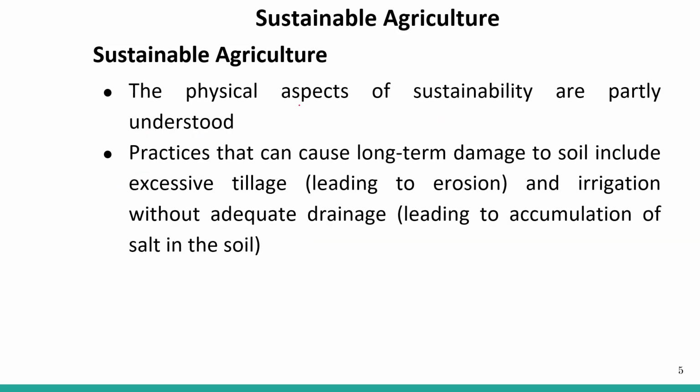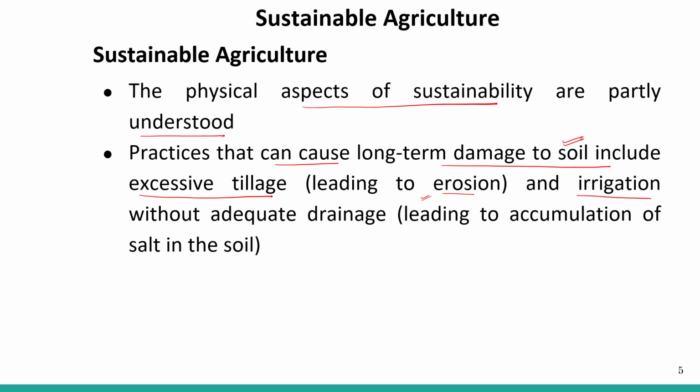The physical aspects of sustainability are partly understood. Practices that can cause long-term damage to soil include excessive tillage leading to erosion. So if there are no plants or no grasses, then there can be chances of soil erosion. Excessive tillage can be a cause of erosion.